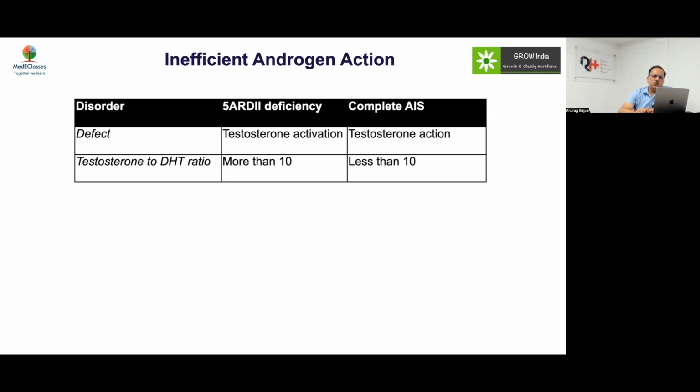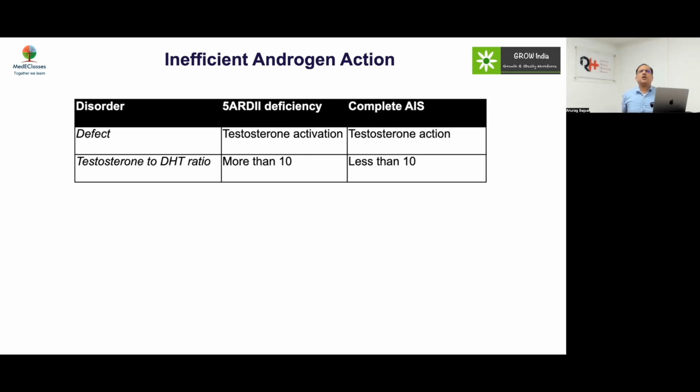Of course, in both these scenarios, the most important biochemical test is the testosterone to DHT ratio. If you have a high testo which is not getting converted to DHT, and the testo to DHT ratio is more than 10, we are dealing with 5-alpha reductase deficiency. If you have a testo to DHT ratio less than 10, we are mostly dealing with AIS.